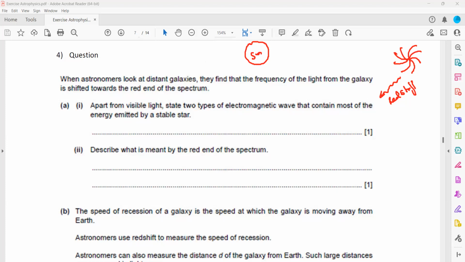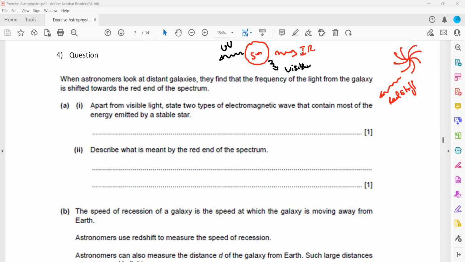Number one, it is giving us heat radiation, which we call IR, infrared. There's also another type of radiation, which is UV, ultraviolet. Visible is there, that's how we are able to see our sun, and it is happening for all the stars.